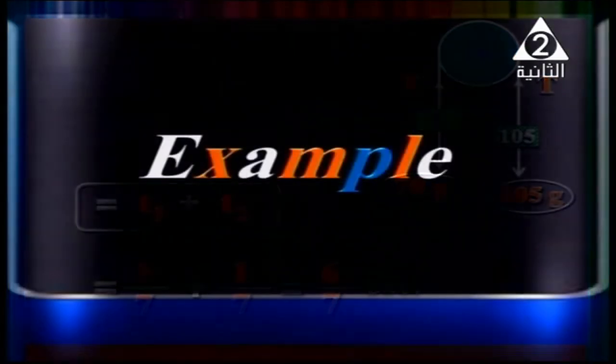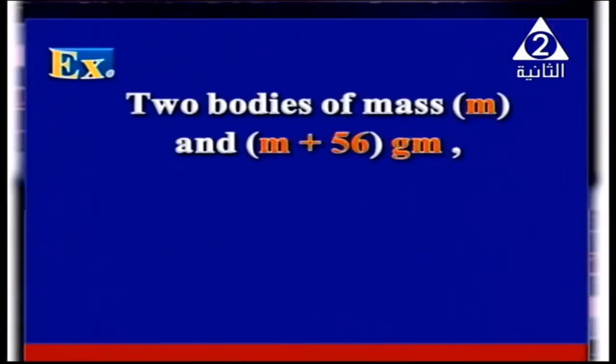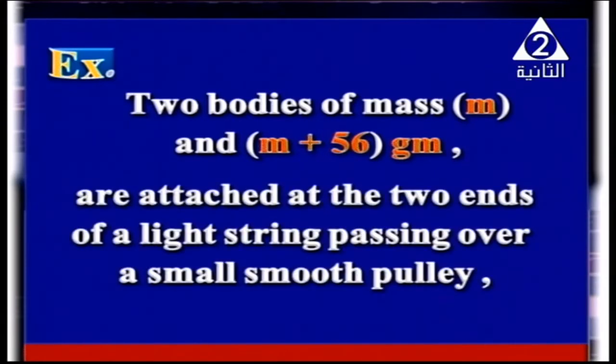Another example. My dear student, two bodies of mass m and m plus 56 gram. We have two bodies. The first mass is m, the second mass is m plus 56 gram, attached at the two ends of a light string passing over a smooth pulley.